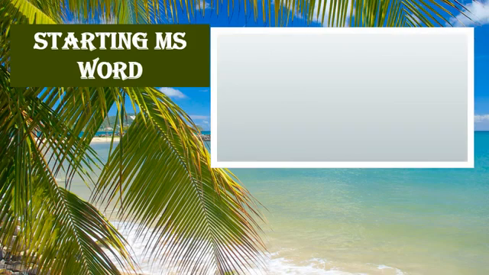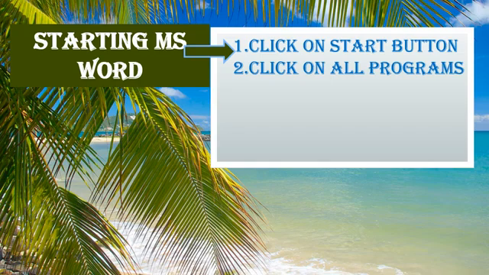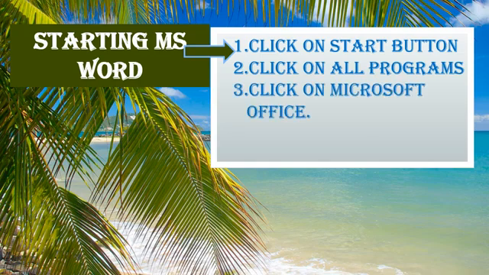Now the question is, how should we start MS Word? For that, first of all you need to click on the Start button. After clicking on the Start button, click on All Programs and then click on Microsoft Office. There will be a folder of this name, Microsoft Office, and there are a number of options in Microsoft Office.